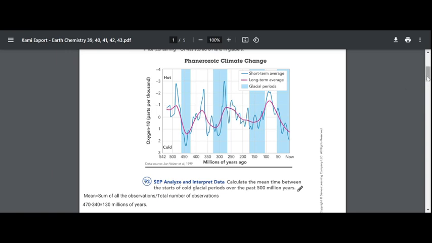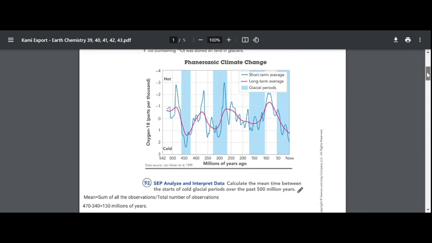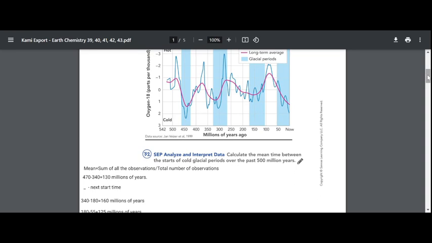So we want to go ahead and calculate the mean time between the starts of cold glacial periods over the past 500 million years. So the mean is the sum of all the observations over the total number of observations. Okay, so we're going to be primarily focusing on these light blue glacial periods.